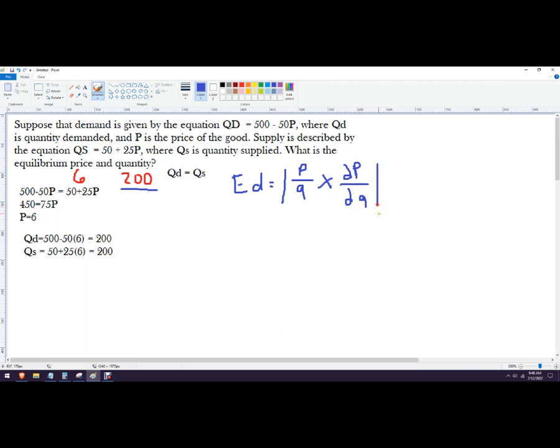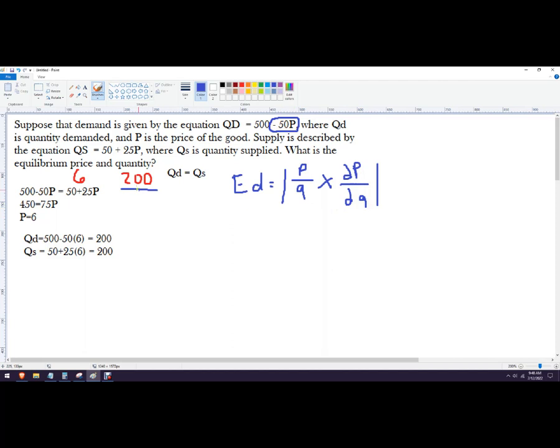But I'll show you how to get that easier. Really, this is just the coefficient on the price. It's just whatever number is in front of the P on the demand function, that's your rate of change, or your partial derivative there.